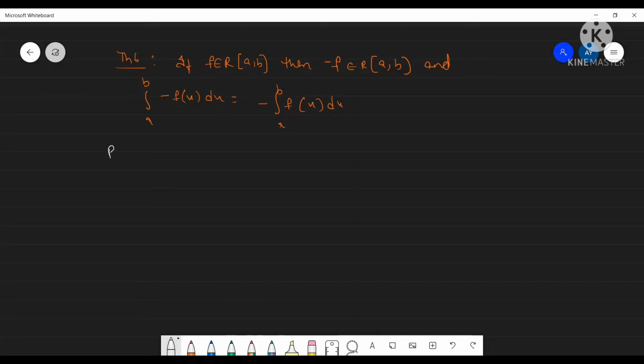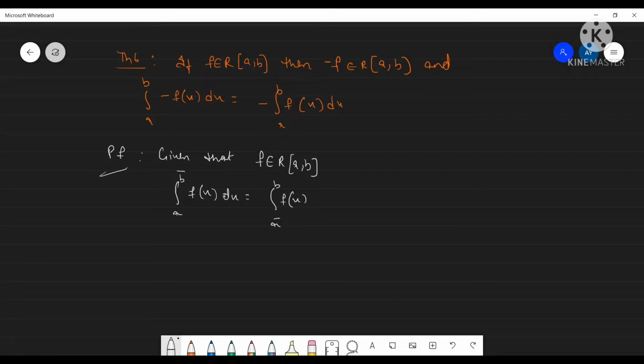Now looking into the proof, what is given: f belongs to R over [a, b], that is Riemann integrable over [a, b], and the lower integral from a to b of f(x) dx is equal to the upper integral from a to b of f(x) dx.